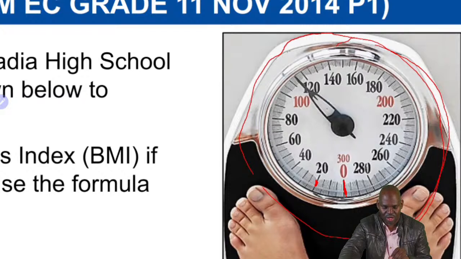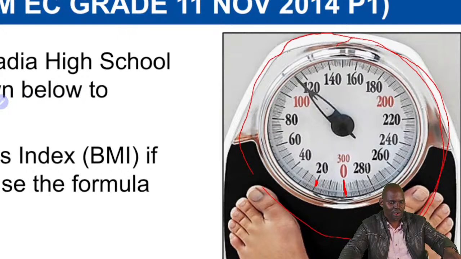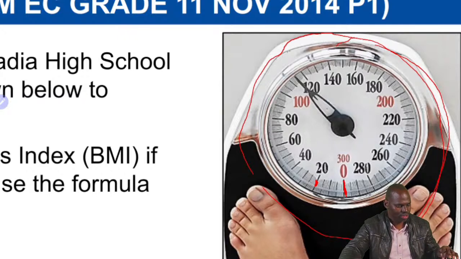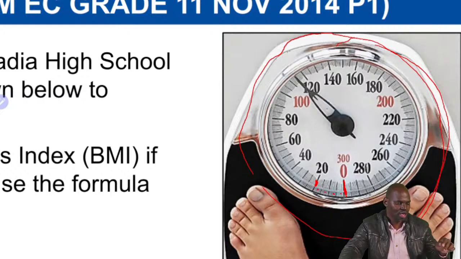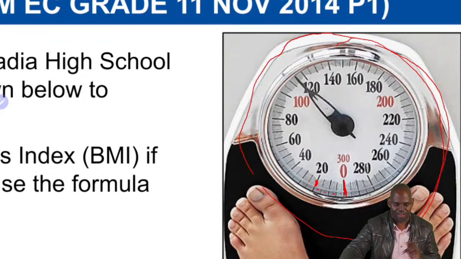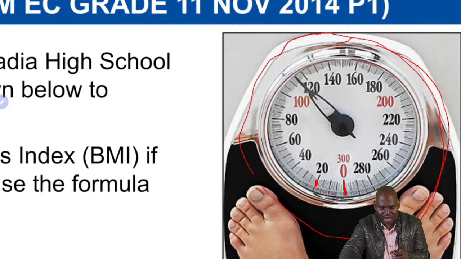So from 0 to 20, we say 20 divided by 4, because of the intervals. 20 divided by 4, you get 5. So it means each line there represents 5. So this is 5, 10, 15, 20. Then we've got 25, 30, 35, 40.